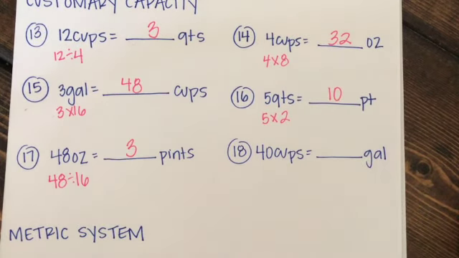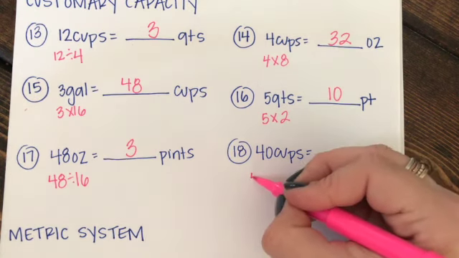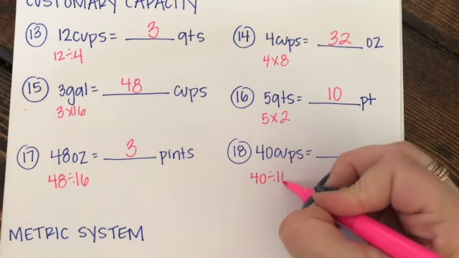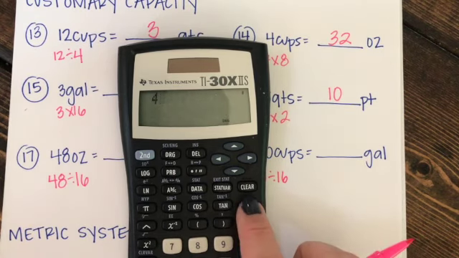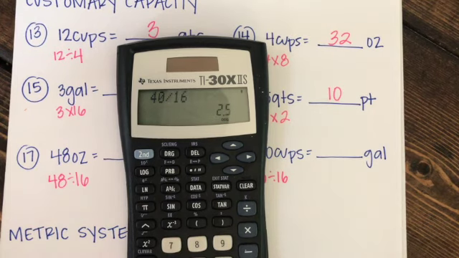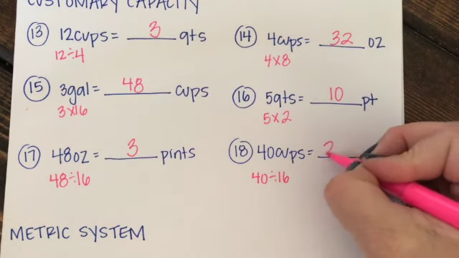Number 18, 40 cups is how many gallons? Well, 1 gallon has 16 cups, so 40 divided by 16, I want to say it's 2.5. Oops, I did times. 40 divided by 16 is 2.5 gallons.